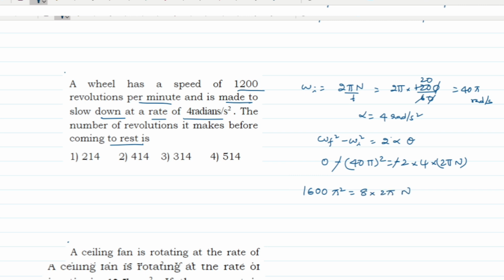So here this pi gets cancelled, 8 2s are 16, so 1600 by 16 is 100, so 100 pi will be that n value. So n is nothing but 100 into 3.14, which is nearly 314. These are the number of rotations.